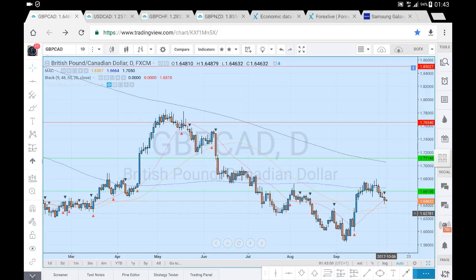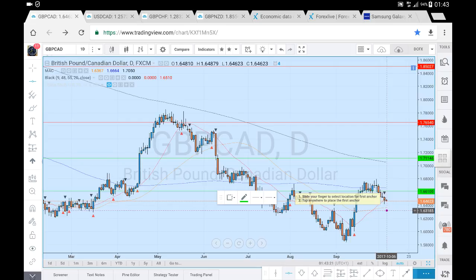Now, where would my target be? Let's just get the levels marked up. Again, the candles don't have a very large size, so let's just get on with it. Where did this candle open? Let's get this right.